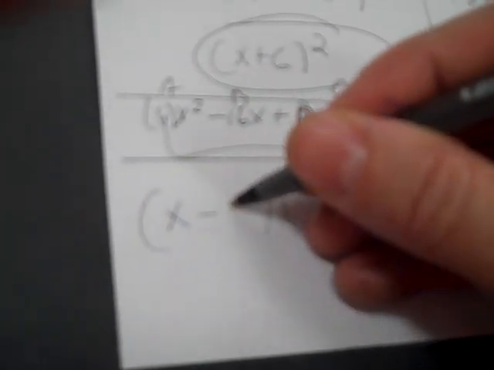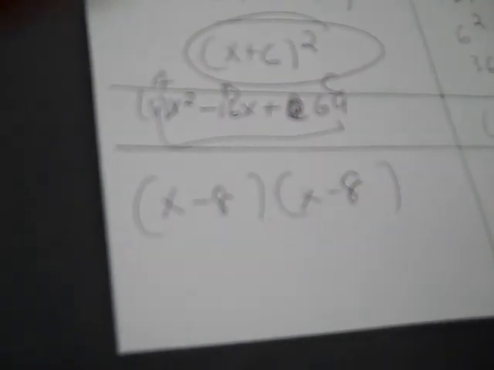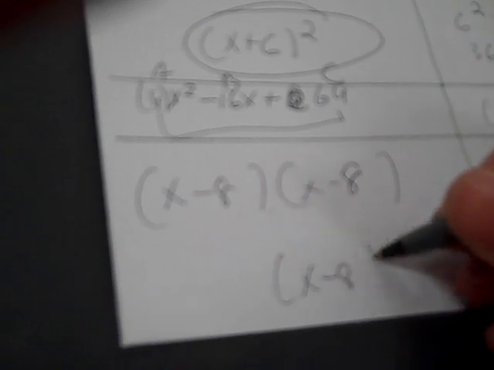Now 64 is a perfect square. What number times itself can equal it? Remember, you're trying to add it to negative 16. 8 and 8. How about that? Okay, so negative, negative. Now these would add up to negative 16, so we don't want to change the signs. We can write that as x minus 8 quantity squared.